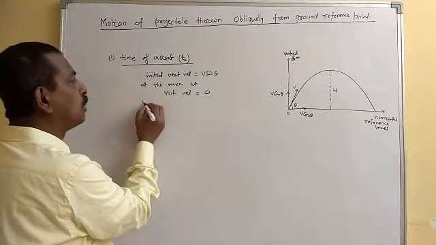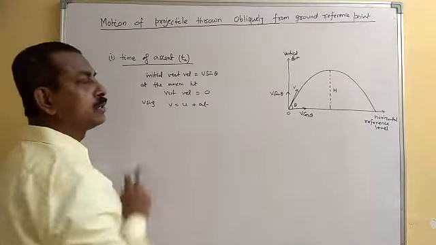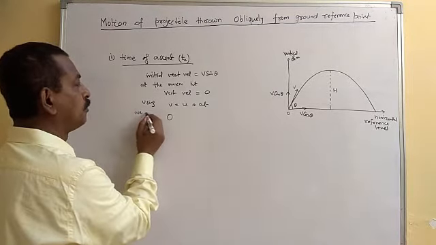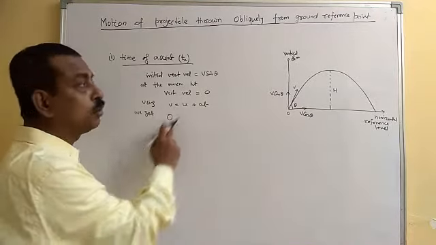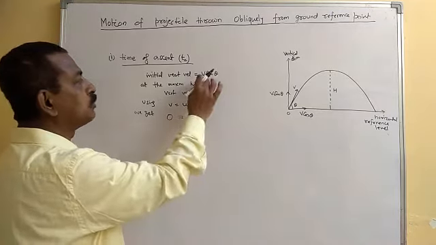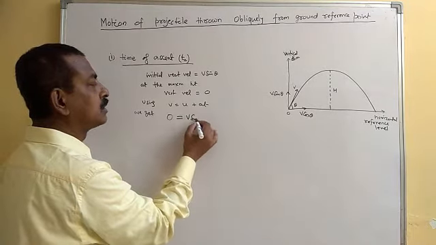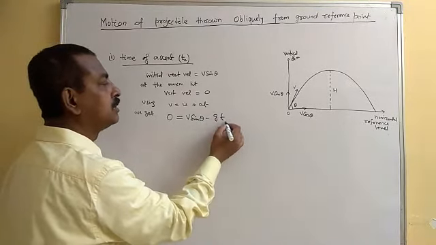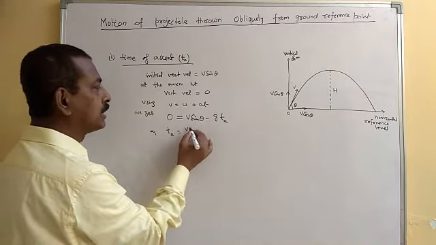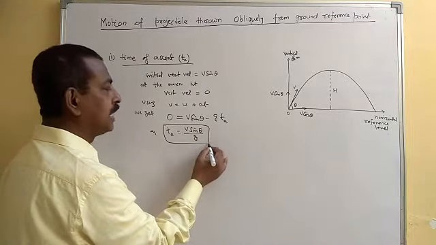So if you use the formula v equals u plus at, at the point of maximum height, this v will be 0. We get v equals 0 at the maximum height. Initial velocity, this is your v sine theta, minus g, and this is the time of ascent. So from this we can get time of ascent equals v sine theta by g. This is the expression for time of ascent.